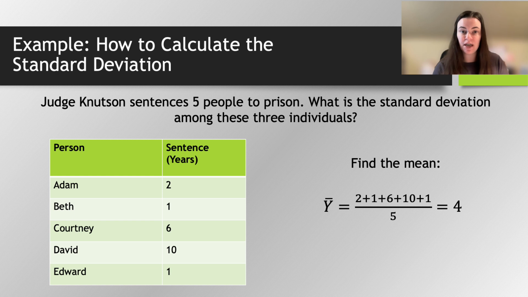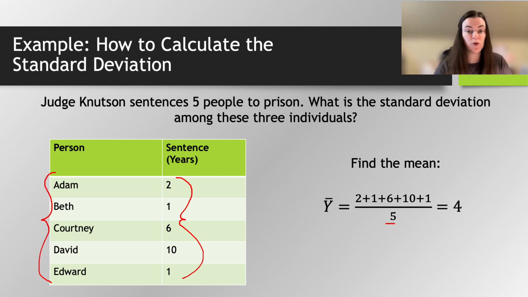The very first step that we need to do in order to calculate a standard deviation is to find the mean, or the average amount of years that this particular judge, Judge Knudsen, is sentencing individuals to prison. In this case, if I add together all of my observations, so I'm just taking these values here, and then divide by 5, because we're only dealing with 5 individuals, I get an average sentence length of 4 years.